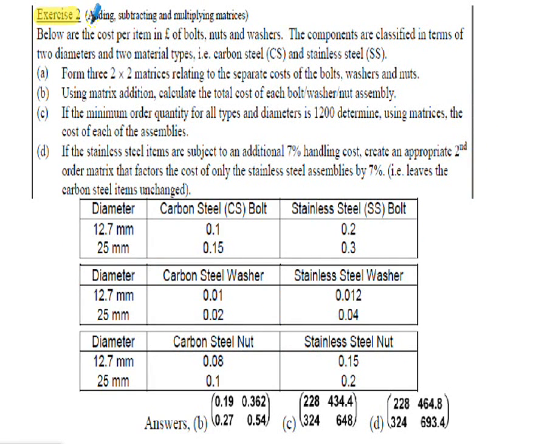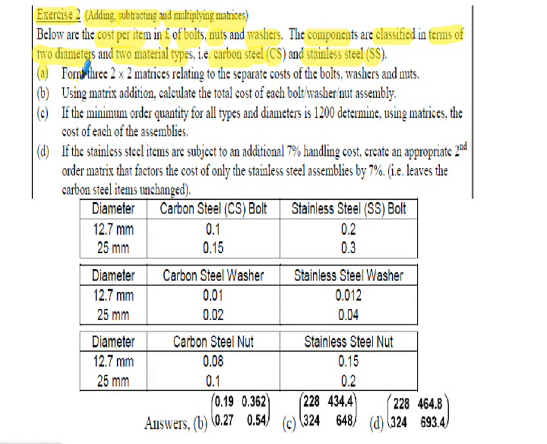Exercise 2. This involves adding, subtracting and multiplying matrices. Below is the cost per item in pounds of bolts, nuts and washers. The components are classified in terms of 2 diameters and 2 material types, that is carbon steel denoted CS and stainless steel denoted SS.